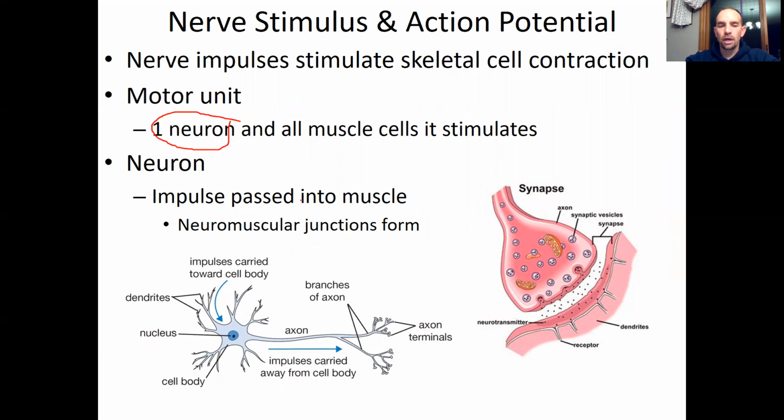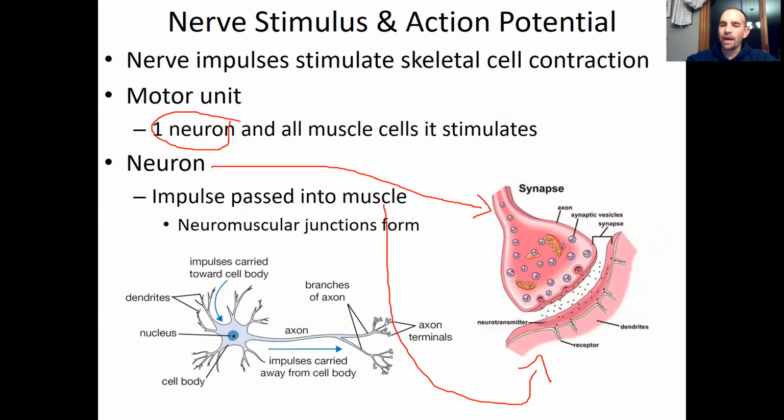And when we look at this neuron, when it comes down and it connects with that muscle, we call that a neuromuscular junction. So here's the end of a neuron right there, okay? And let's say this is our muscle. What's going to happen is we get a neuromuscular junction.